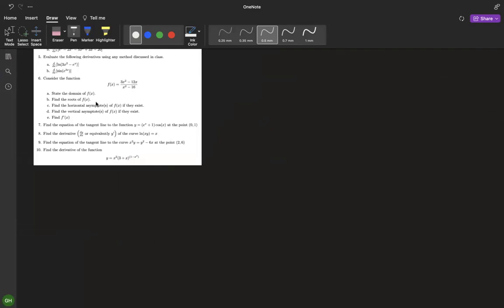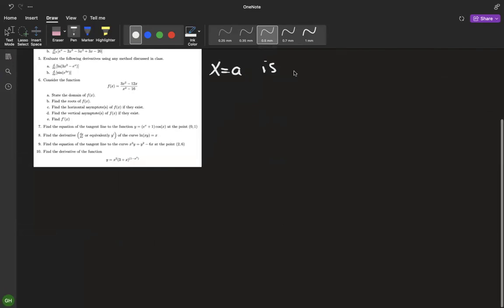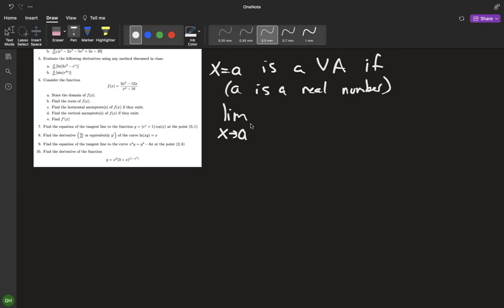To find a vertical asymptote, we say x equals a is a vertical asymptote, so I guess we also need that a is a real number, if either of the one-sided limits, so this plus or minus up on top of the a means either from the left or from the right, of this function is either infinity or negative infinity.